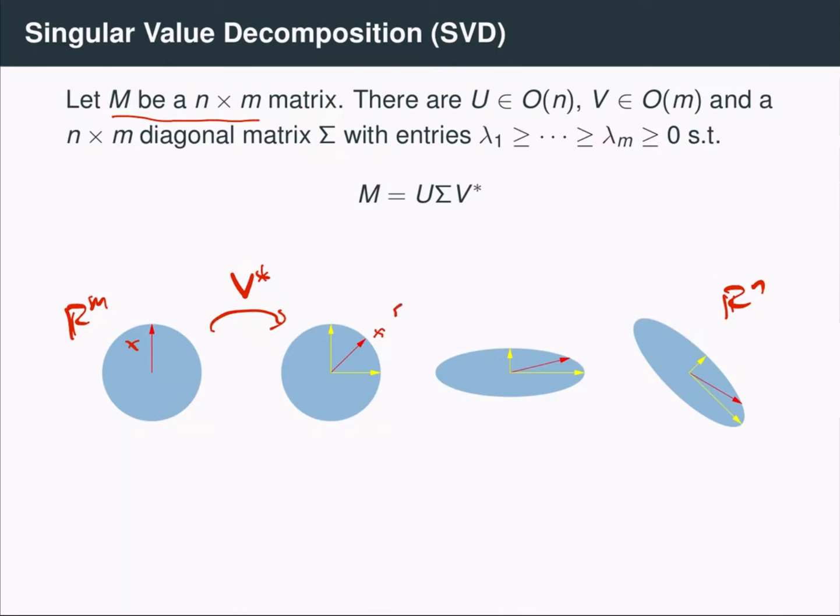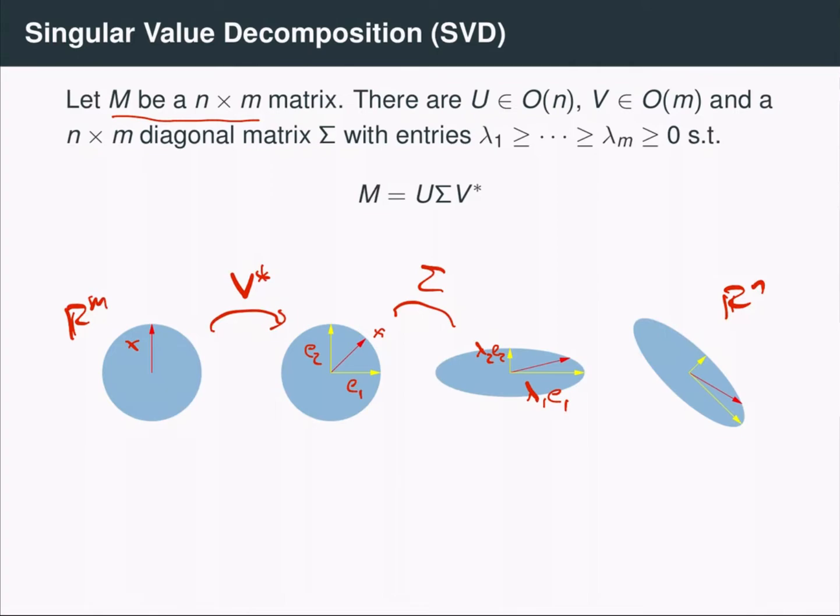The second transformation is the diagonal transformation, and all this does is skew or stretch points along the coordinate axes. So if lambda 1 is the first diagonal entry, it's going to take e1 and stretch it to lambda 1 e1. And if lambda 2 is the second diagonal entry, it's going to stretch or contract the vector e2 by a factor lambda 2.